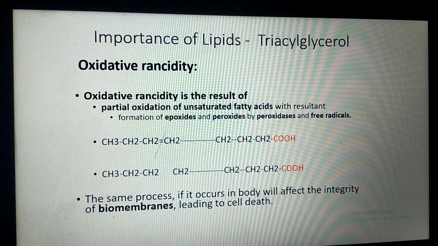If that polyunsaturated fatty acid is broken down by oxidative rancidity or by the enzyme peroxidases or free radicals, then the cell damage will occur and the cell may die. Therefore, polyunsaturated fatty acids are good to maintain the liquidity or fluidity of cell membrane, but at the same time they are also liable for damage by the enzyme peroxidases and free radicals. Oxidative rancidity.